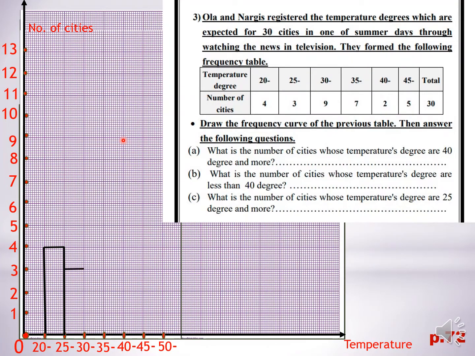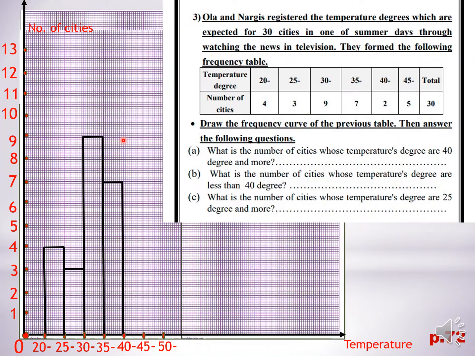So I will go up from 25 till I reach 3, and I will draw my bar. From 30 to 35, 9 cities. So I will go up from 30 till I reach 9, and then I will go down to draw my bar. From 35 to 40, 7, so I will draw 7, and I will draw my bar.